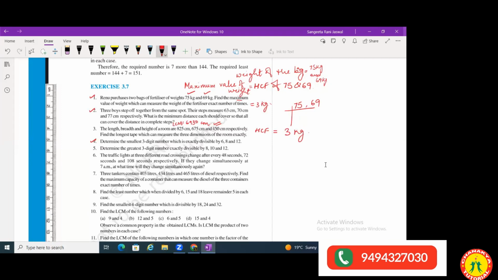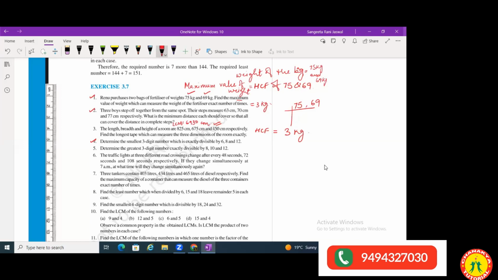Soumya is there? Soumya? Yes, ma'am. Okay. Soumya, read this question number 4 and explain to me what we will be doing in this. Determine the smallest three-digit number which is exactly divisible by 6, 8, and 12.